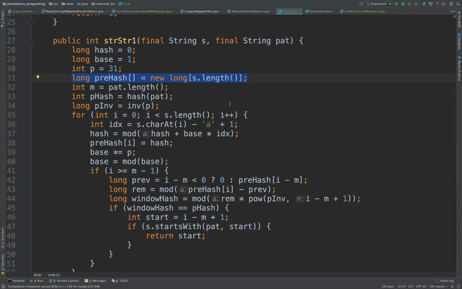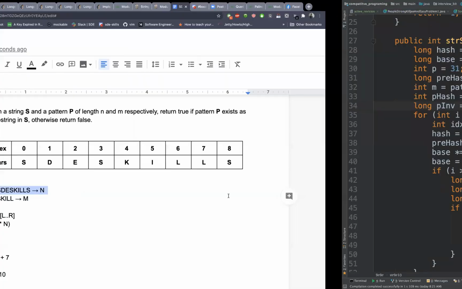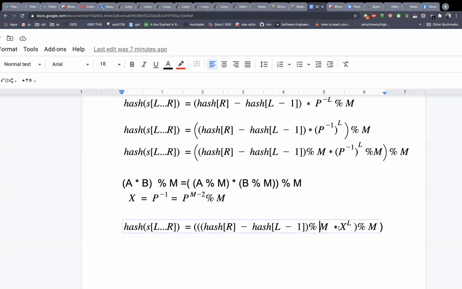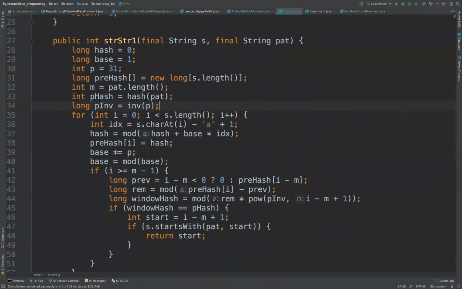Could you explain line 44 where you use the P inverse? Yeah, sure. P inverse is what we have calculated here. Remember that line which we had: hash of r minus hash of l minus 1, into x raised to l, modulo m.